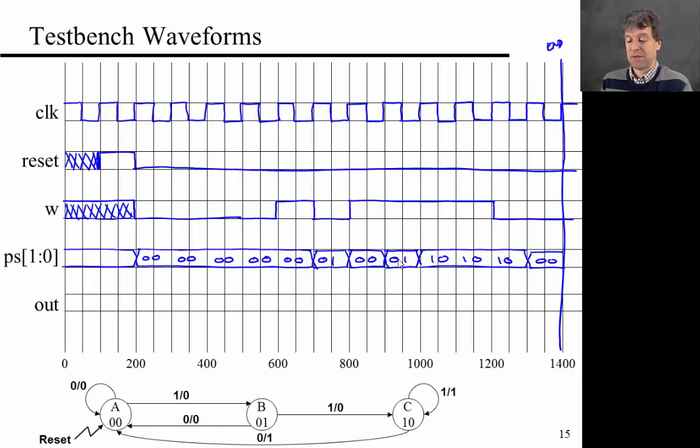This here is a bit trickier, so that's the present state value. If you remember your state machine, this is actually shown at the bottom of the slide here. In the beginning, of course, we don't know what state we're in.